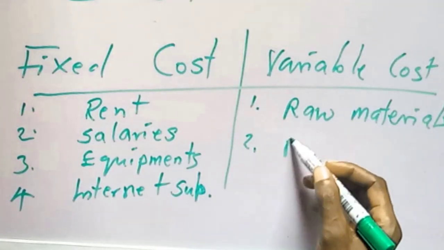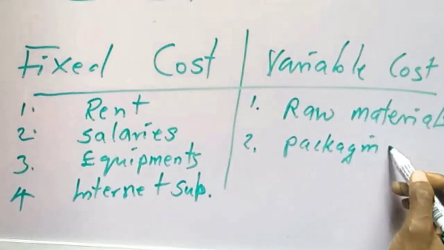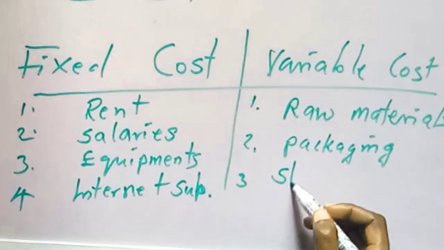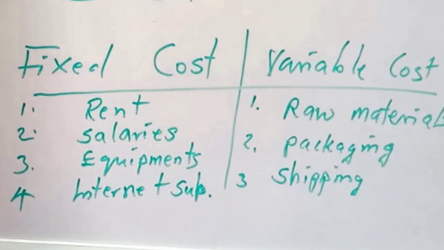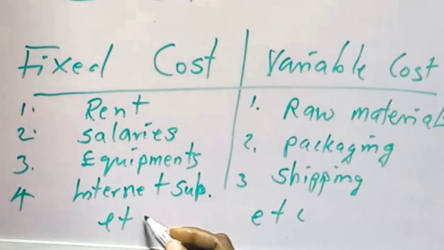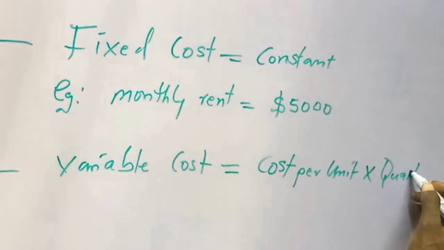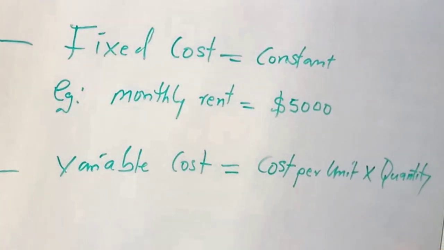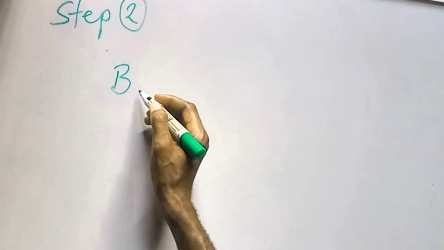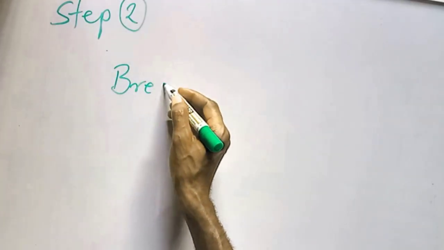Types of variable costs are your raw materials, cost for packaging, cost for shipping. Your variable cost is equal to cost per unit times quantity. This will take us to our step 2 in the breakdown.